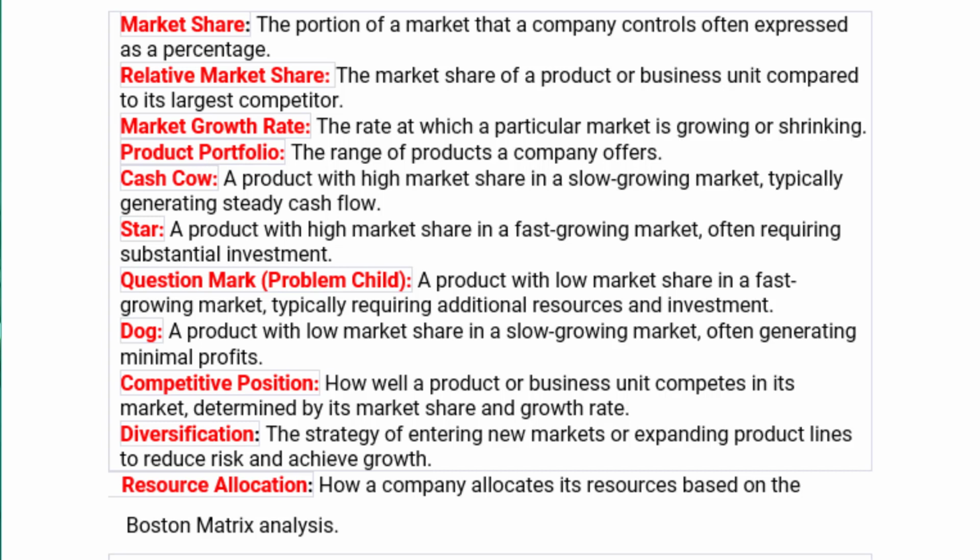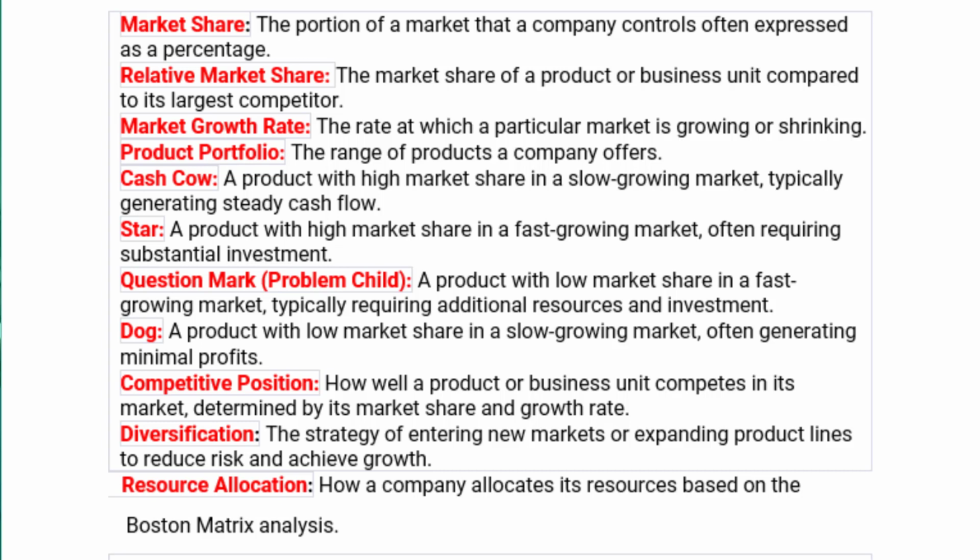It's a product with low market share in a fast growing market and also requires resources and investment. A dog is low market share in a low growth market and is generating small profit or no profit. The competitive position is how well a product competes in the market, and this is determined by the market share and the growth rate.